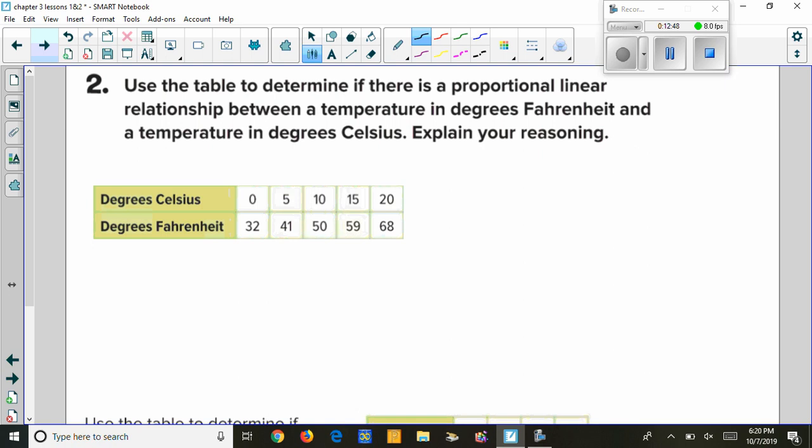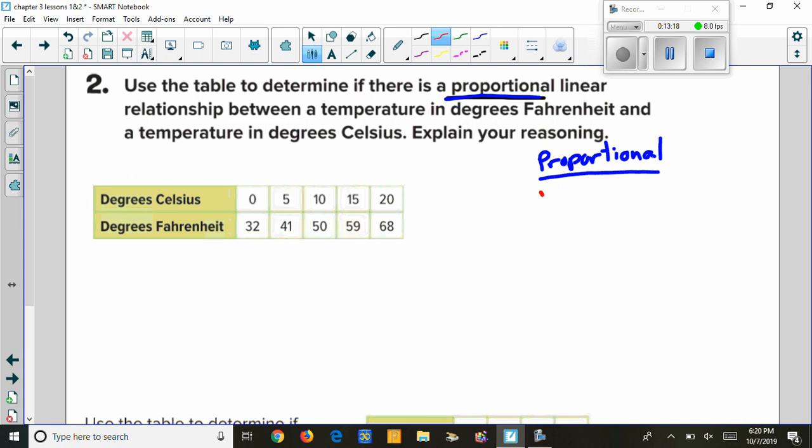Use the table to determine if there is a proportional linear relationship between a temperature in degrees Fahrenheit and a temperature in degrees Celsius. So here we have something different going on. We're talking about proportional. And for proportionality, I have a couple requirements.